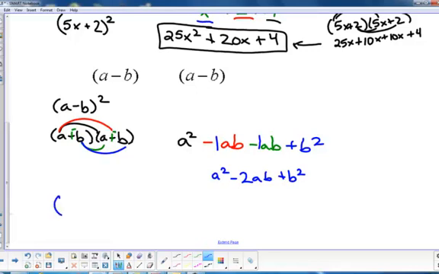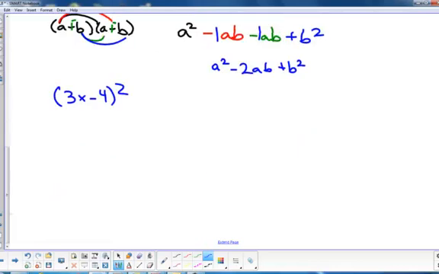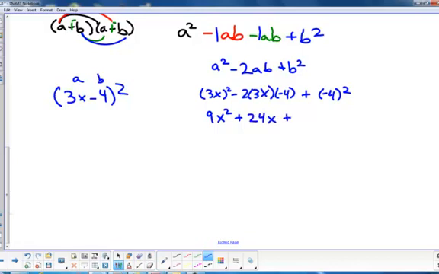Let's do a weird larger one. Let's say 3x minus 4, squared. So you could do it where this is your a and this is your b. So you could do 3x squared minus 2 times 3x times negative 4, because that's your b, plus negative 4 squared. That gives you 9x squared plus 2 times 3 is 6 times 4 is 24 plus 16.